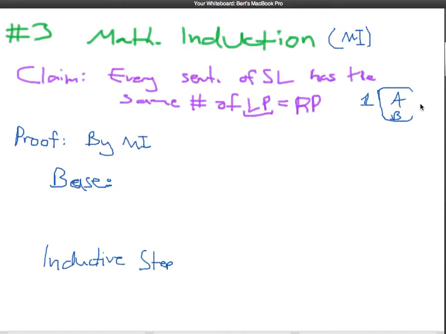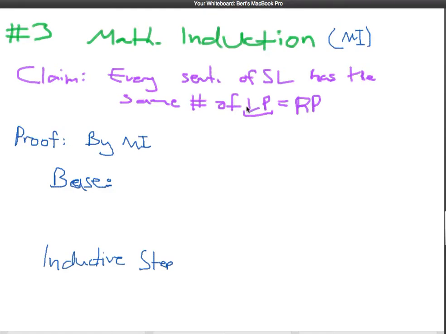So those are the ones that we talk about first. And here's how the proof intuitively goes. We need to establish this claim, and the claim is about every single sentence of SL: that every sentence of SL has the same number of left parentheses as right parentheses, so that they're equal.